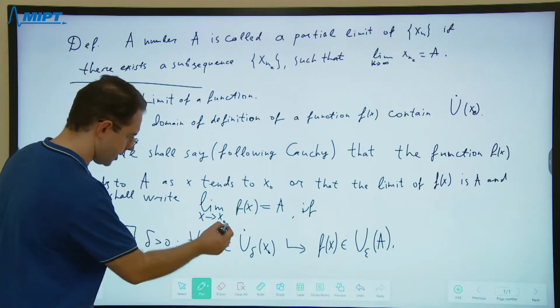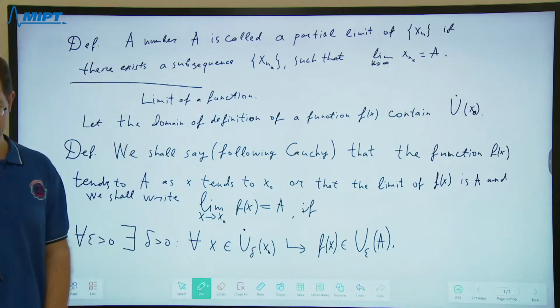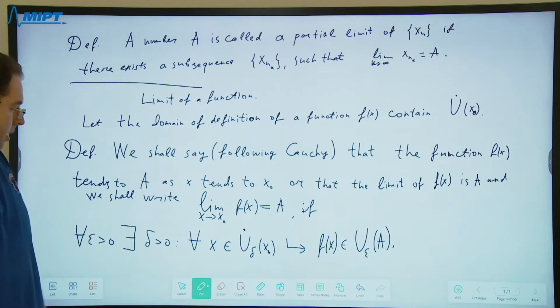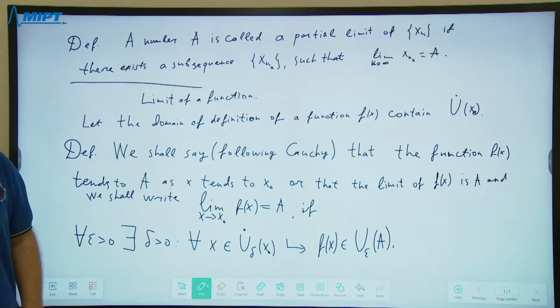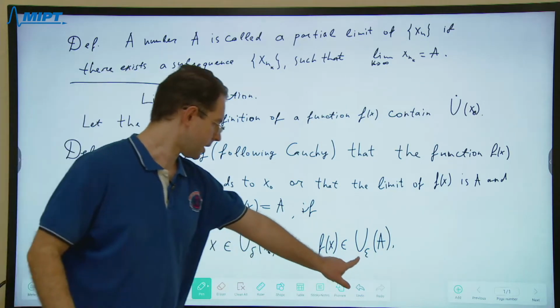Very important bit: this neighborhood is deleted, that neighborhood is not. Epsilon, not delta. Once again, in this neighborhood, not epsilon, but delta. This is delta, this is epsilon.